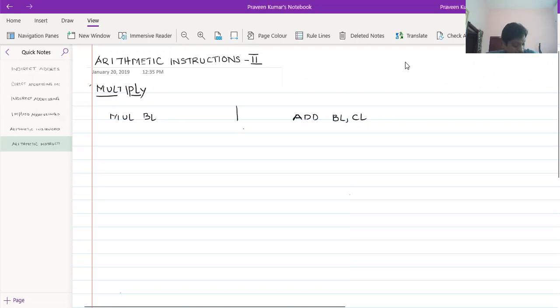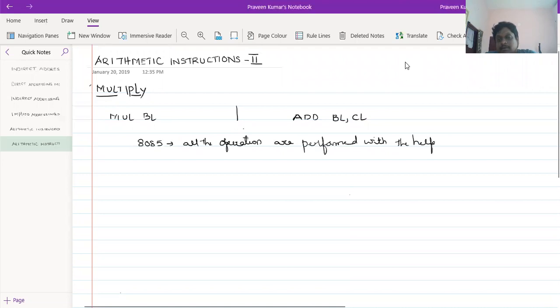There is some significance to this. If you go back to 8085, all the operations are performed with the help of the accumulator.